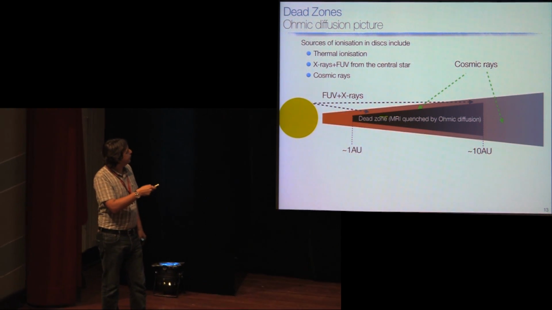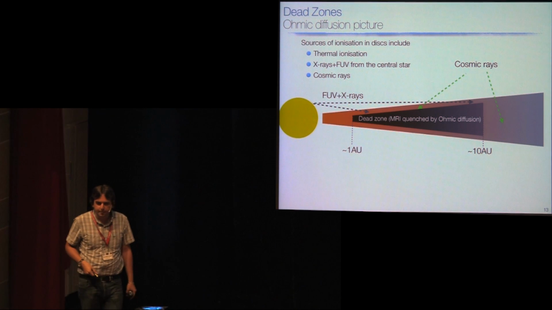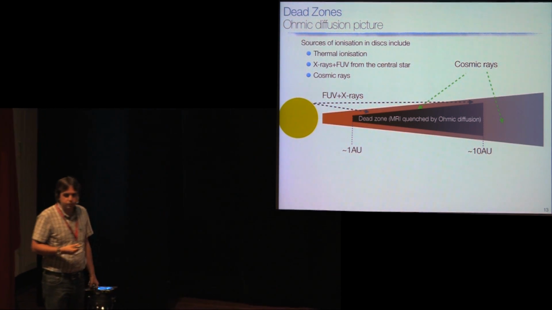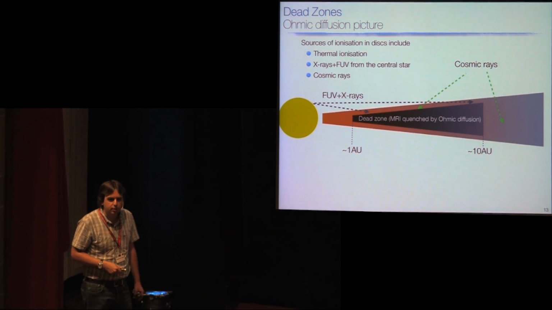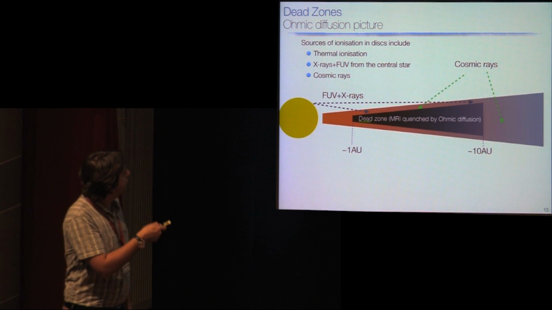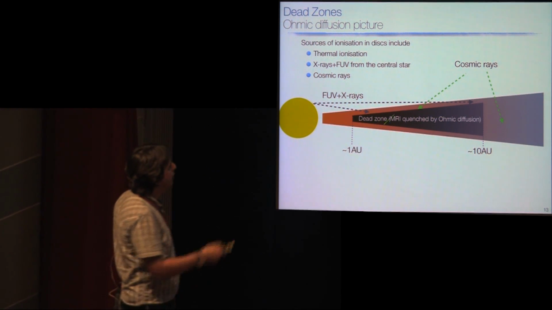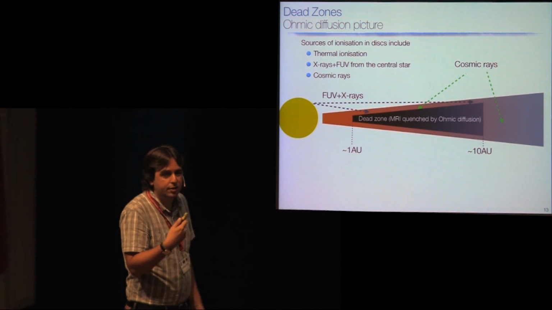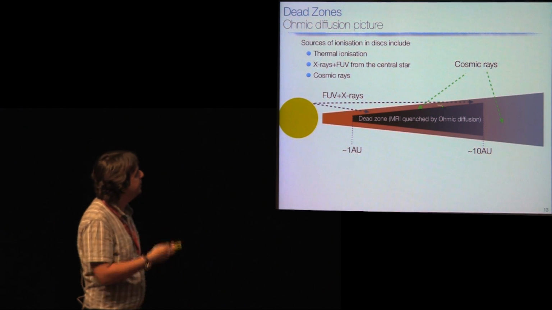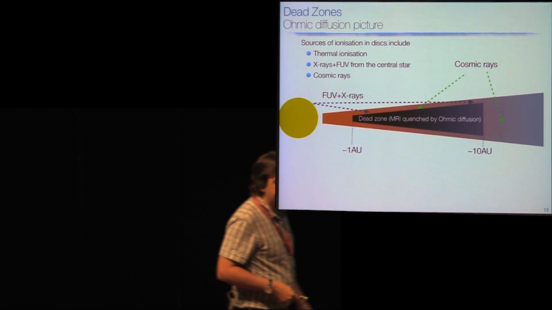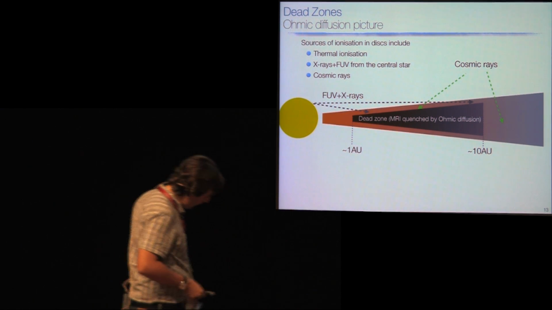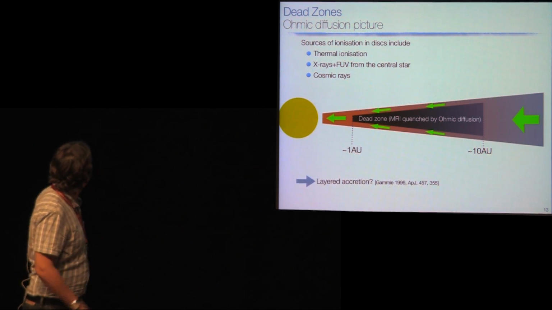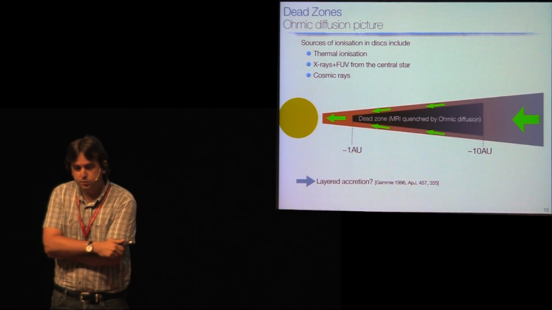So in between, you have this region in the mid-plane in which you have no source of ionization apart from radioactive decay. This has been called a dead zone because you have essentially no ions, so the MRI cannot exist because here, it is suppressed by ohmic diffusion. This has led to the concept of layered accretion, which is quite old.